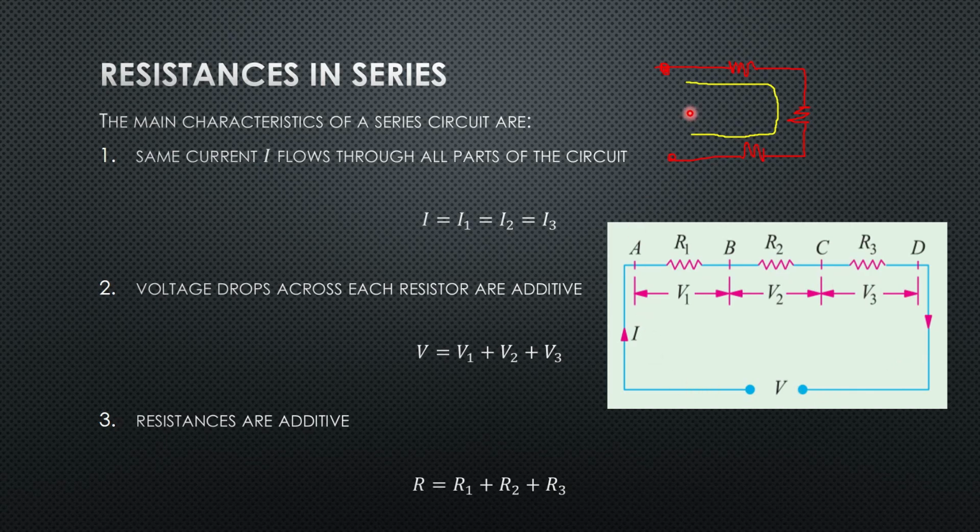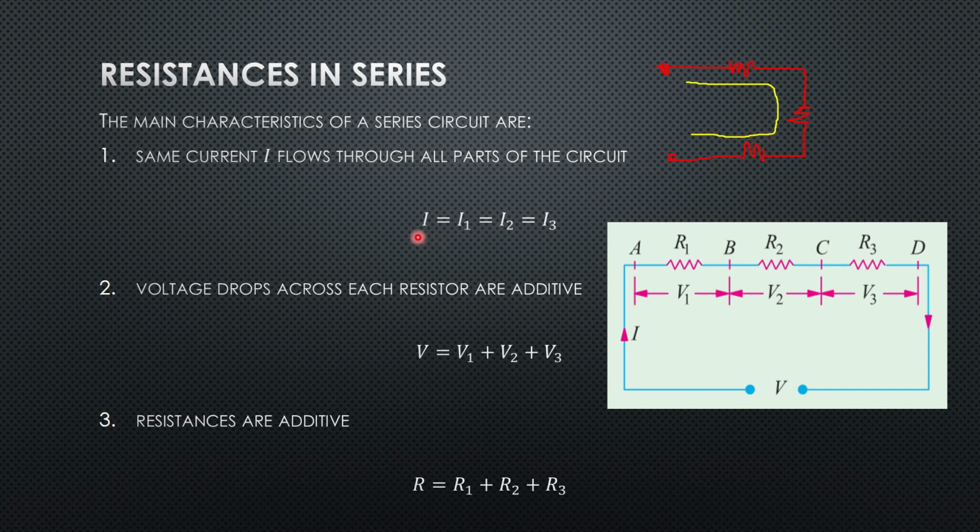Similarly on this portion, if this is the movement of the current I, the current that will pass through resistor 1 is equal to the current that will pass through resistor 2 and the current passing through resistance 3.